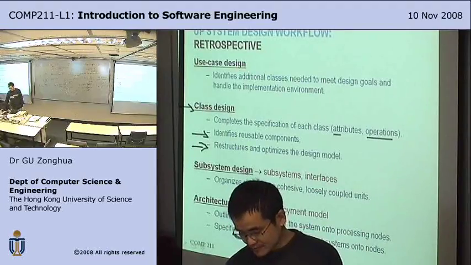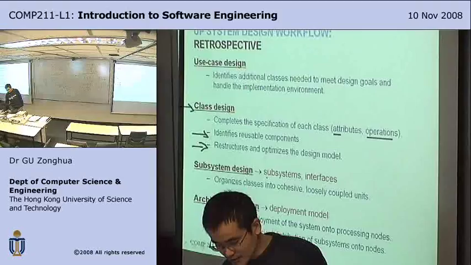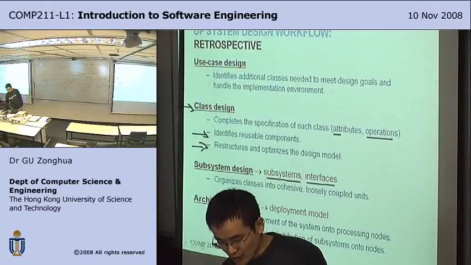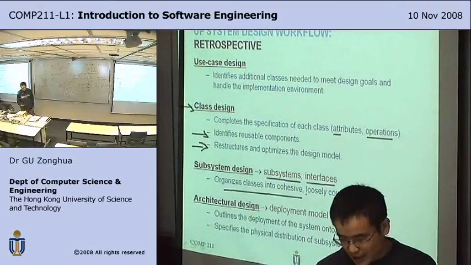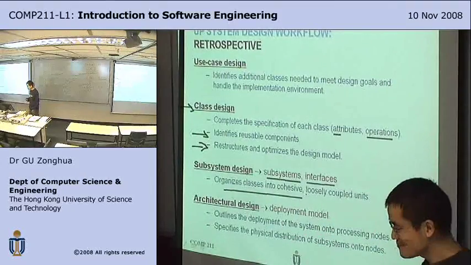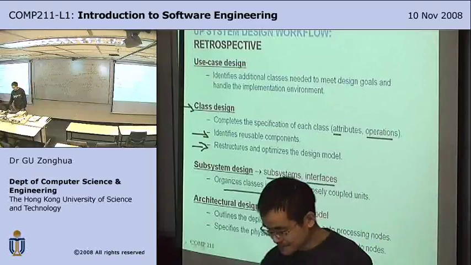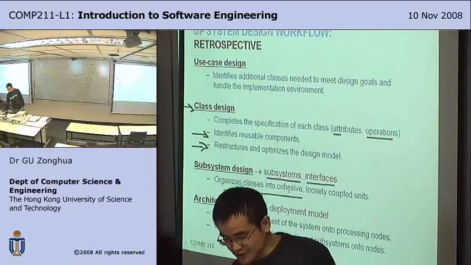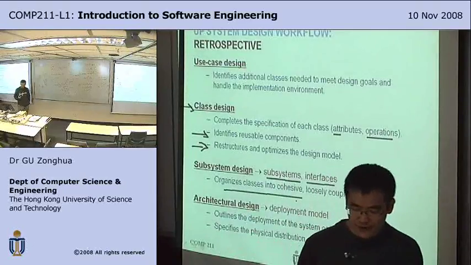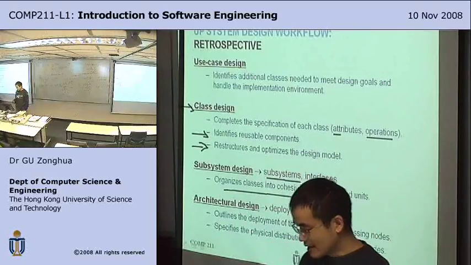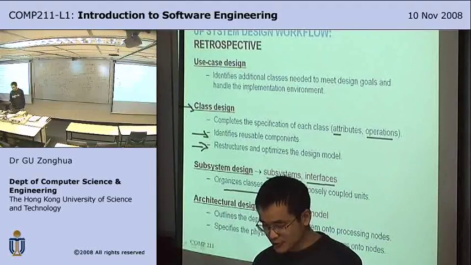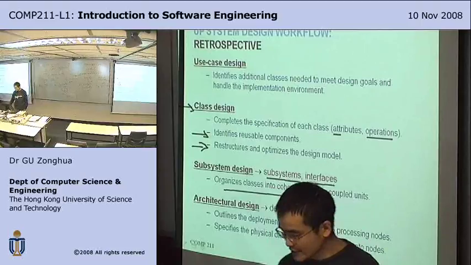Subsystem design includes subsystems and their interfaces. Organize the classes into cohesive, loosely coupled units. So this is to facilitate future implementation. Cohesion refers to when it does one thing and one thing well. Loosely coupled means that it has as few associations with other subsystems as possible.